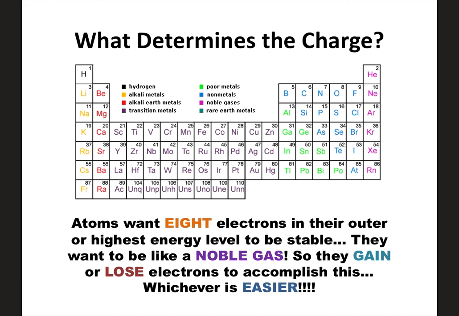Okay, remember, we're not gaining protons, we're just talking about gaining electrons here so that the electron configuration resembles a noble gas, because that's what they want to be like in terms of their electron configuration. Well, you can lose 2 or gain 6. They do what's easier. Magnesium is going to lose 2 electrons so that its electron configuration resembles neon, and it can be happy or stable. So all elements want to do this. They want to either lose or gain to be like a noble gas in terms of their electron configuration.